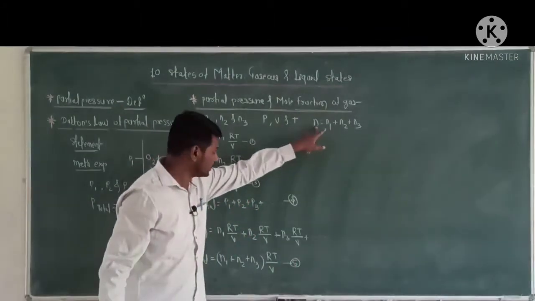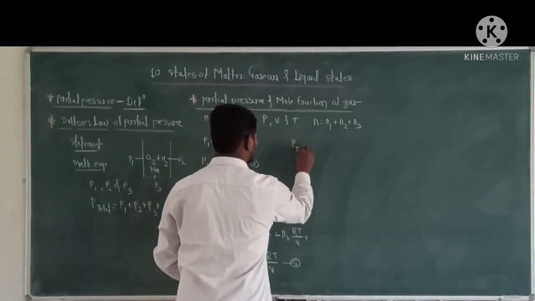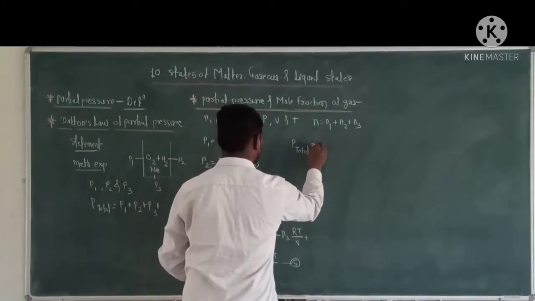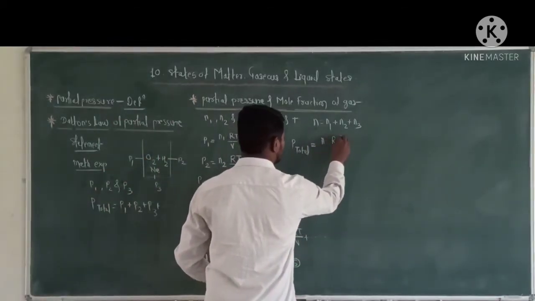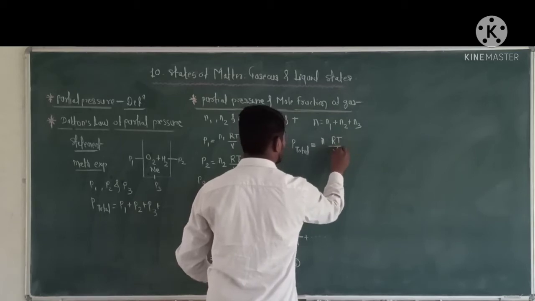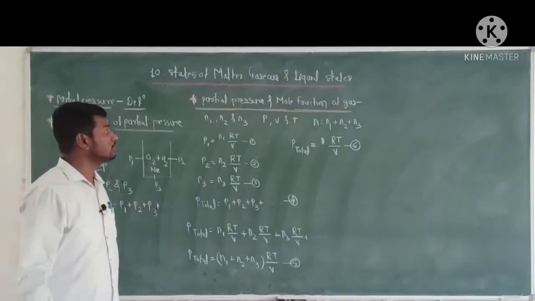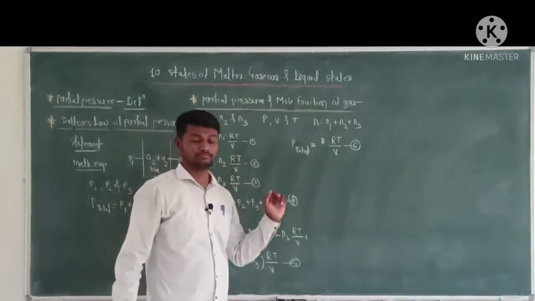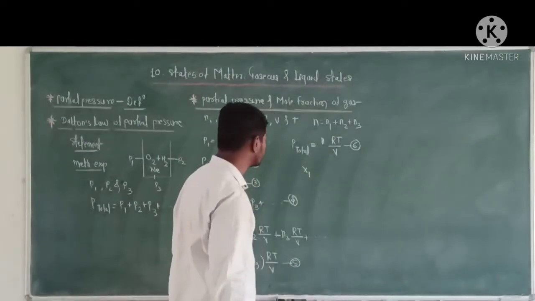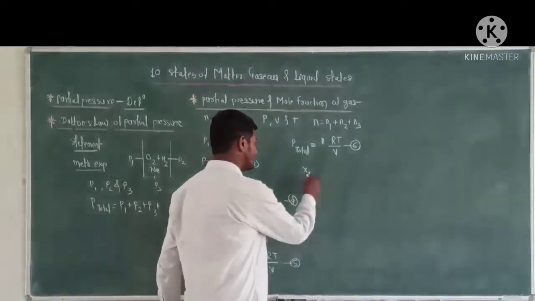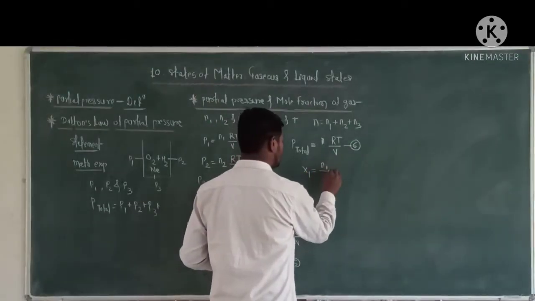From equation number 5, we get P total is equal to nRT upon V. This is equation number 6. Now next, the mole fraction of each gas is written as: X1, the mole fraction of the first gas, is equal to n1 upon n.